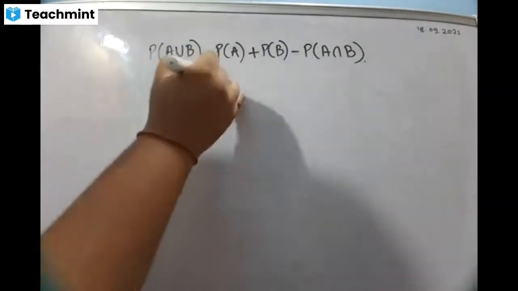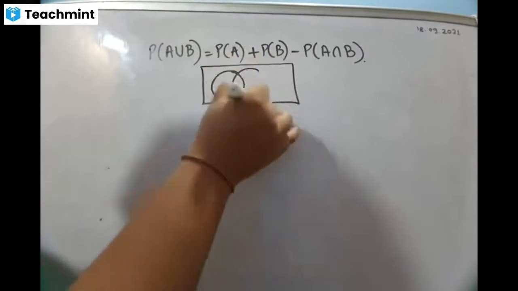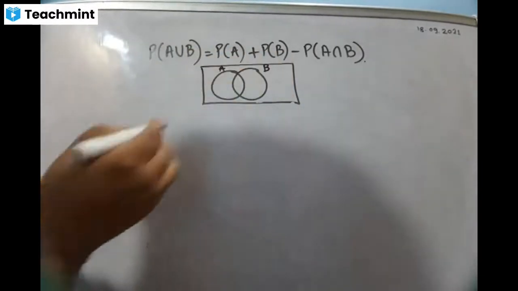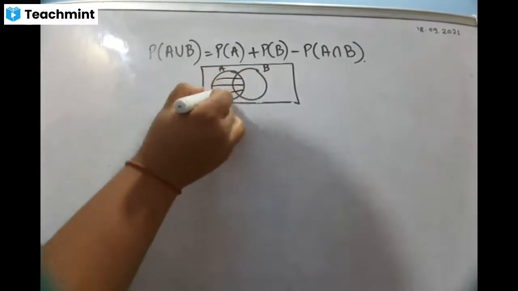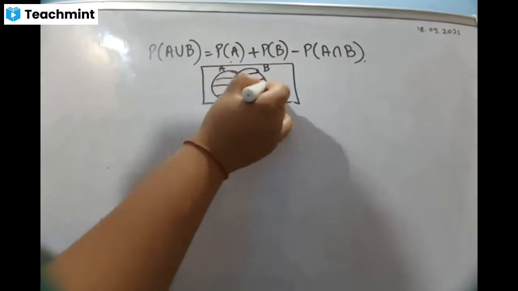I have already explained that, but because some of you were not present yesterday, here this is A and this is B. So A union B means all the elements of A, so probability of A plus all the elements of B.